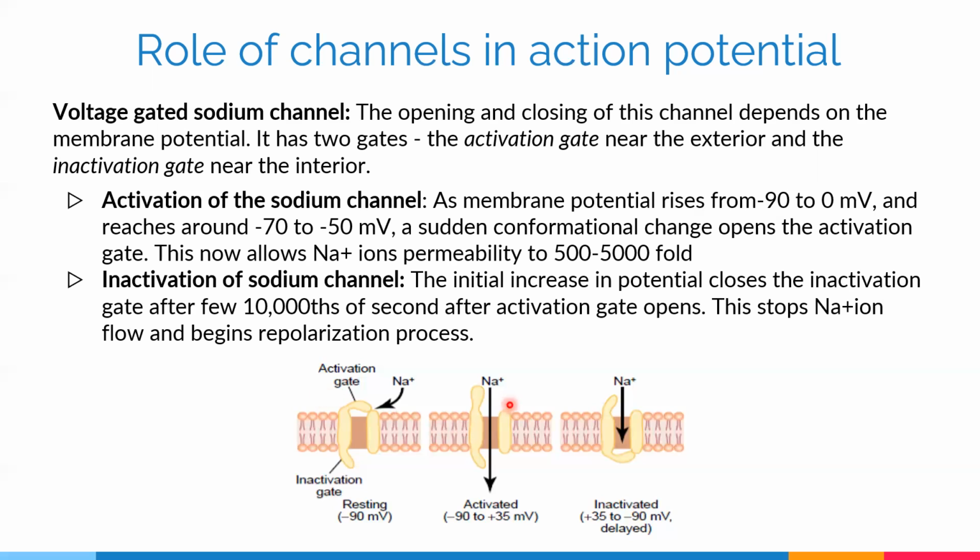So now the activation gate is open, and initially the inactivation gate was also open. Thus, there is now an open path for the sodium ions to come into the cell, and hence sodium ion permeability shoots up to 500 to 5,000 fold higher than the normal baseline. So a huge influx of sodium ions is seen, which is this activation state.